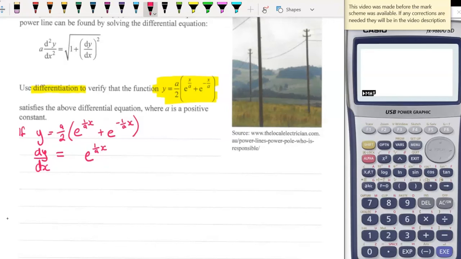So we will have a over 2 times 1 over a. So the a's cancel and we just have a half. Okay, then the second one, remembering that we're multiplying across here, so we have e to the minus 1 over ax, a over 2, times negative 1 over a from bringing in that derivative there. So we end up with minus a half.